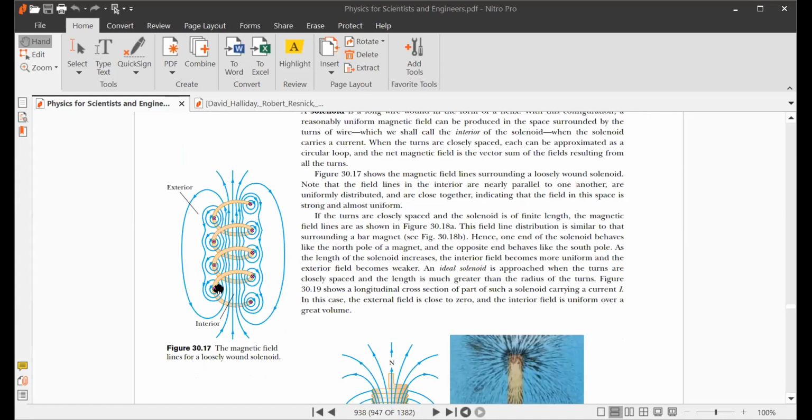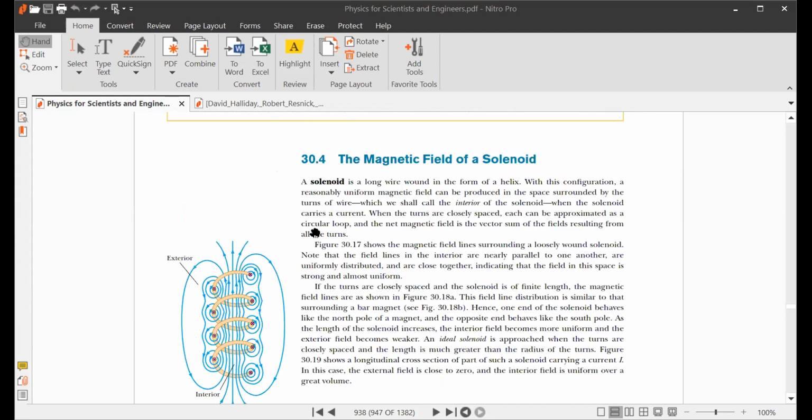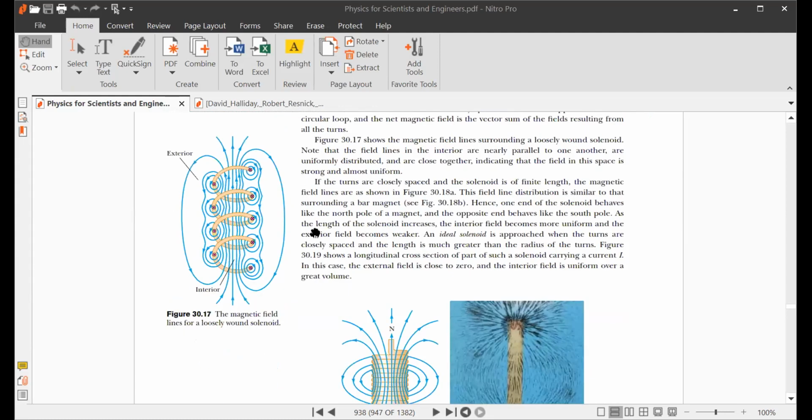In reality, a solenoid is not an ideal solenoid, because there is somehow a gap between the first coil and the second coil.